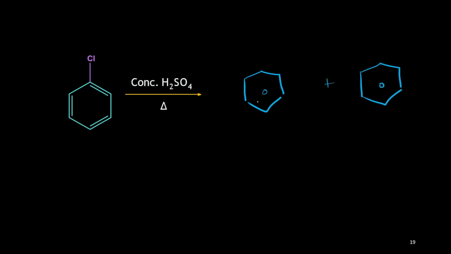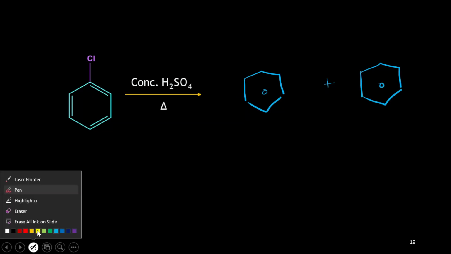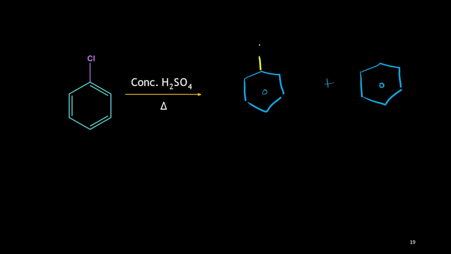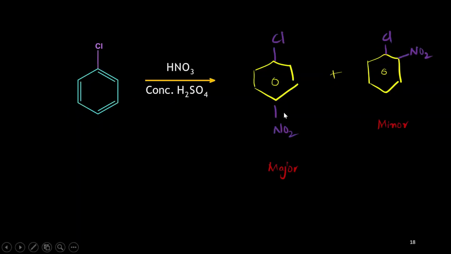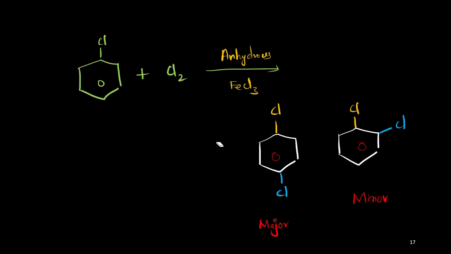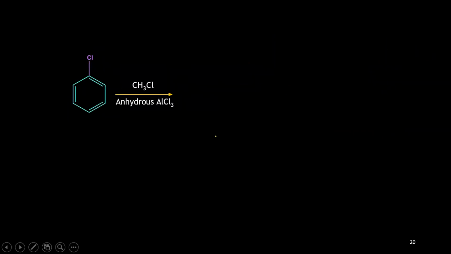So when it reacts with H2SO4, okay, I'll make it easy. Here one will be the chlorine. So tell me what will attach now. When it reacts with H2SO4, what will attach here? You can see here, suppose if you have taken HNO3, it attaches the NO2. When you have taken H2SO4, what will attach here?